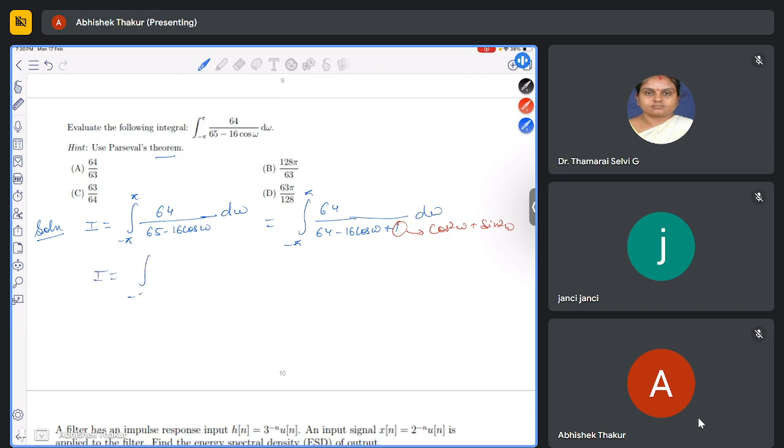So I is equal to, for 64, we can write it as 8 square minus 2 into 8 into cos omega plus cos square omega. Okay. And there will be an additional sin square omega d omega.